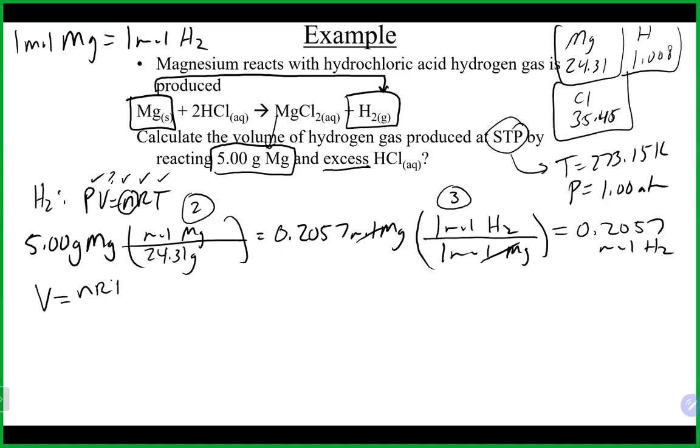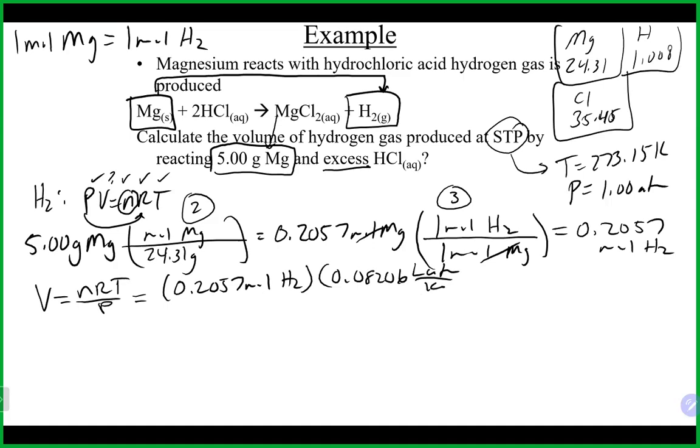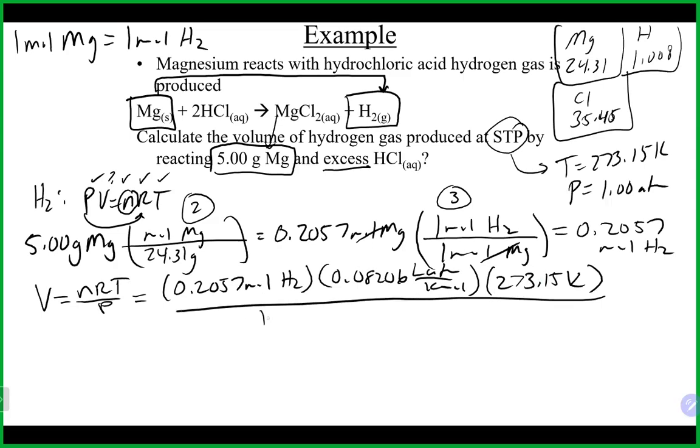We're going to solve for V by dividing the P to the other side. Putting in our numbers: 0.2057 moles of hydrogen, our gas constant, which we always have, our temperature 273.15 for good measure, all divided by our pressure of 1 atmosphere.